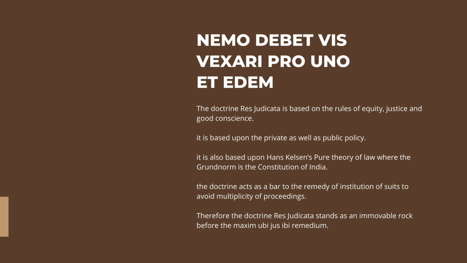Now, under Section 11 of the Code of Civil Procedure 1908, the court is barred from taking cognizance of such a second suit because it will create multiplicity of proceedings and it will not create the finality of judgments, which is against public policy.